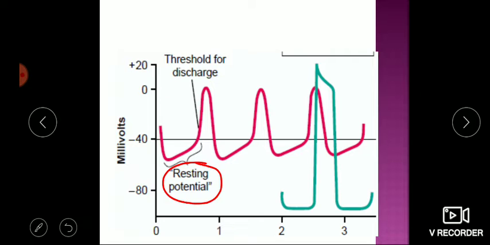Once they are open, there is a change in potential across the SA node, and this will lead to opening of long-lasting, fast calcium channels. Once they open, they lead to depolarization, followed by opening of potassium channels, leading to repolarization, and this cycle continues. Because of this, there is generation of the action potential in the cardiac muscle, which we have seen last time.